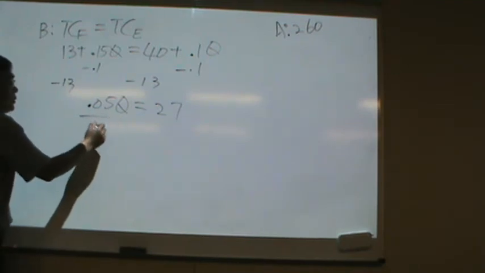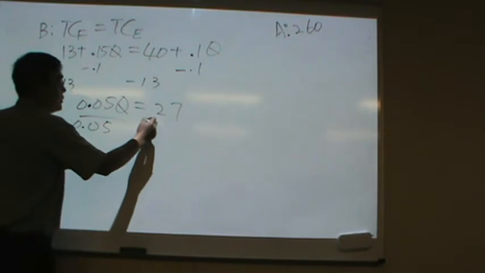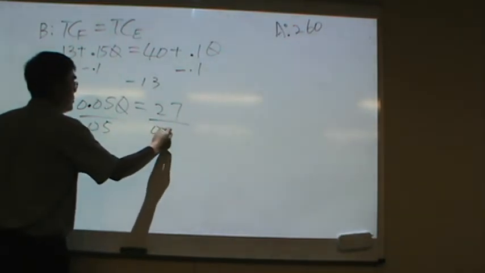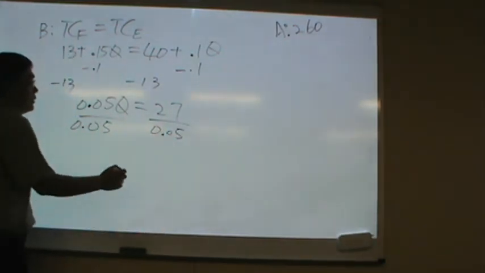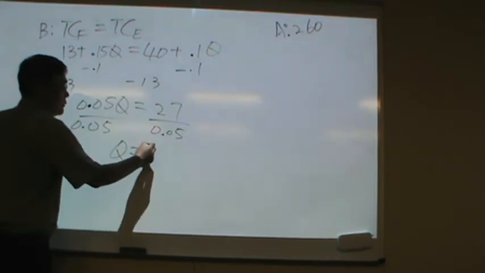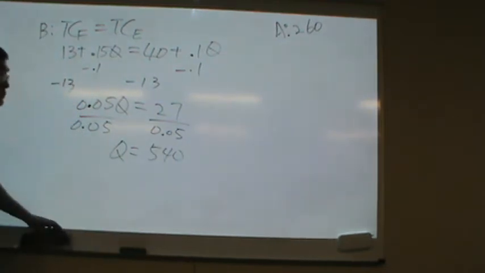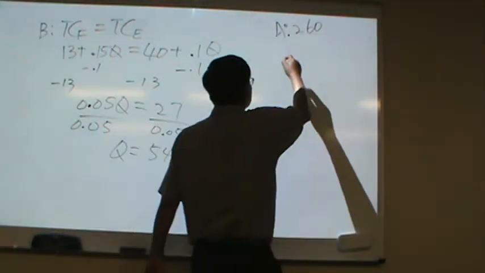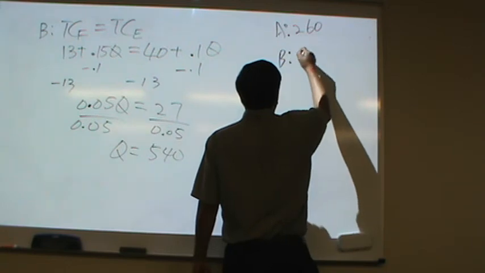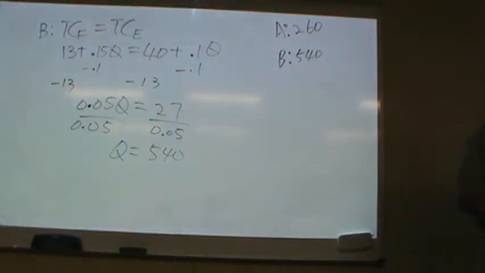Divide by 0.05, so Q equals 540. Okay, so at first step, we just gonna subtract, not gonna eliminate. We're gonna eliminate it. Eliminate, yeah. Subtract means eliminate the smaller one.